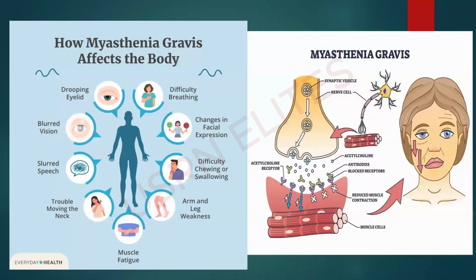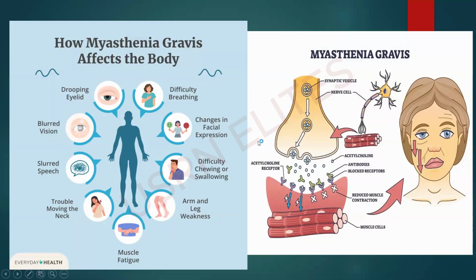Okay, so what we are saying is that with what is happening in Alzheimer's disease, sorry, I was distracted, it is almost a similar thing happening in myasthenia gravis.